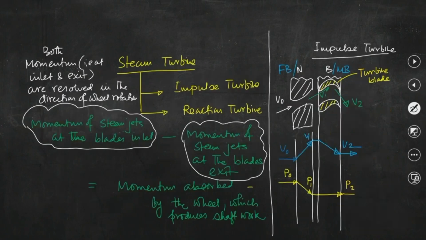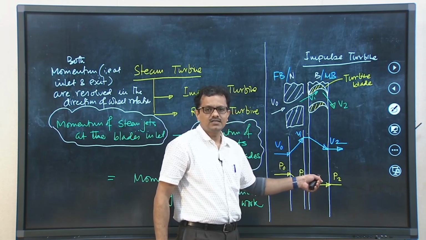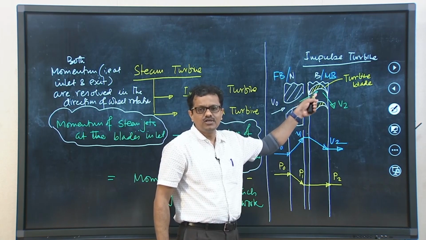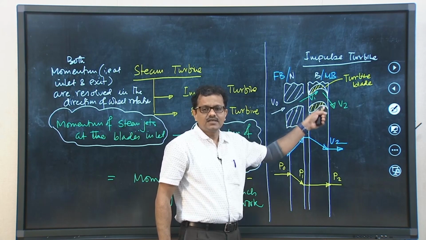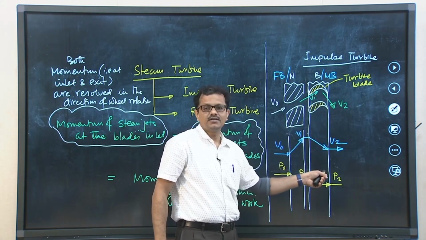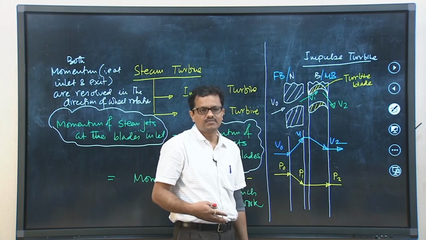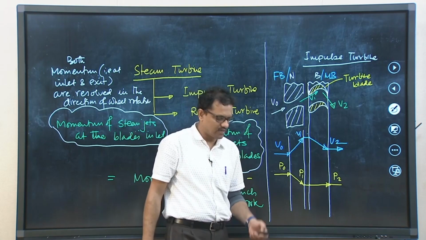What we have seen in this particular type of turbine, pressure is remaining constant when the steam jet is passing through the passage between two consecutive blades. Blades deflect the steam jet, but the pressure is remaining constant, and that is how this type of turbine is designed, because the wheel will rotate only due to the impulsive effect.